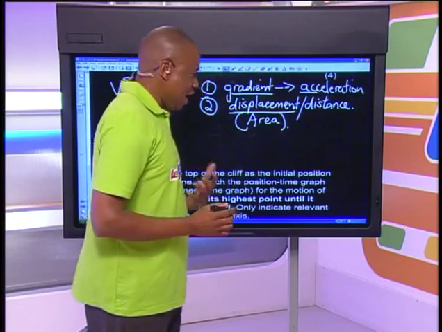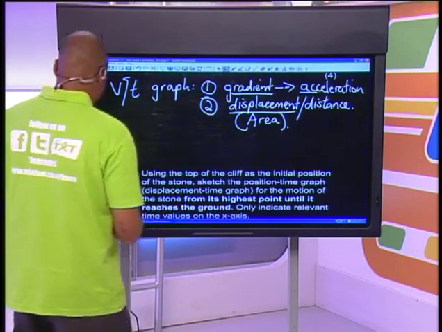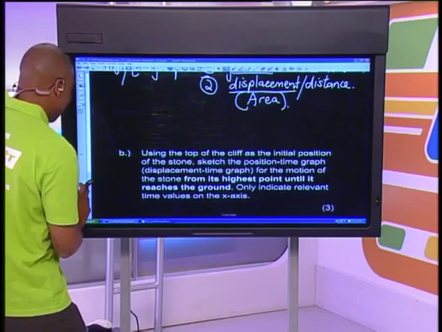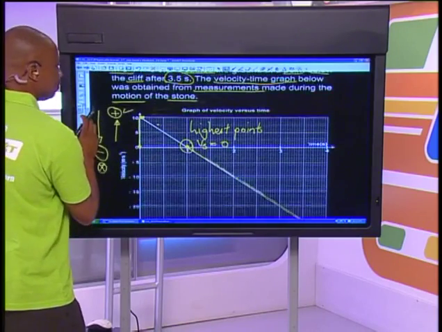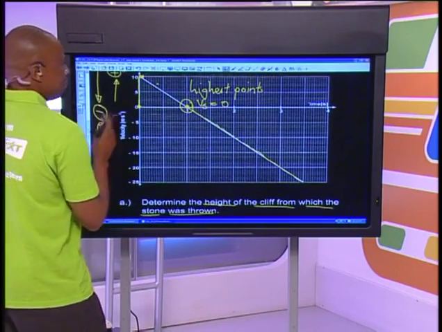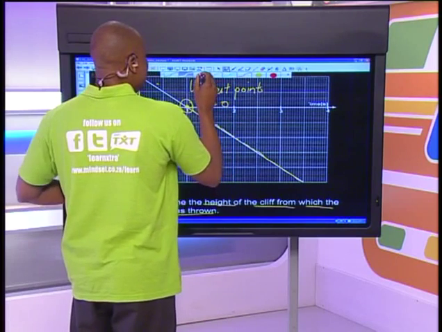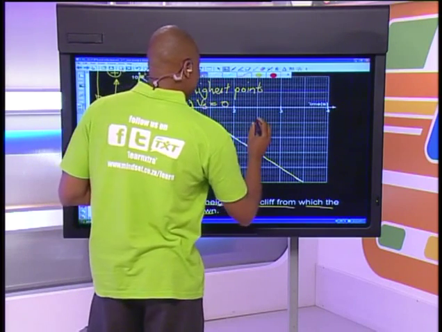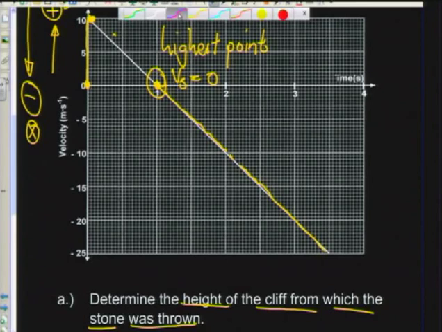Now let's see what we can get from this graph here. From the graph, I can find the acceleration of the object. Like I said, acceleration is given by the gradient of the graph.